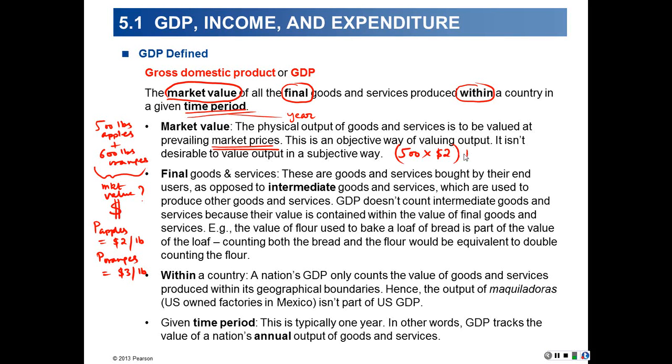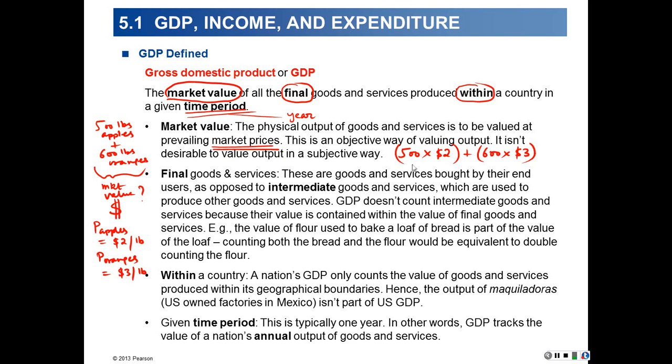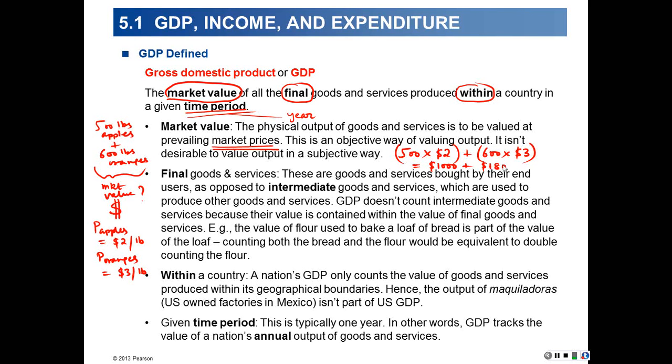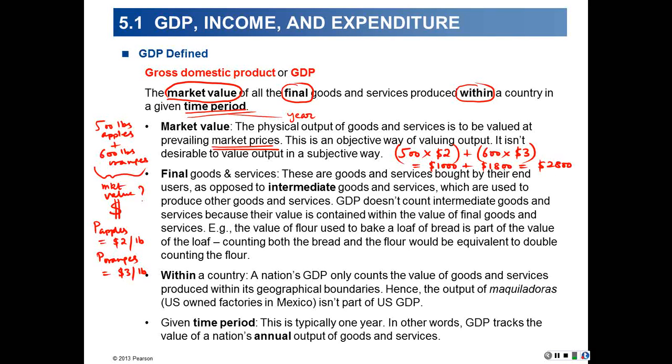And to this, we would add the 600 pounds of oranges times the price per pound of oranges. And this gives us $1,000 plus $1,800, which is $2,800. Am I making sense?